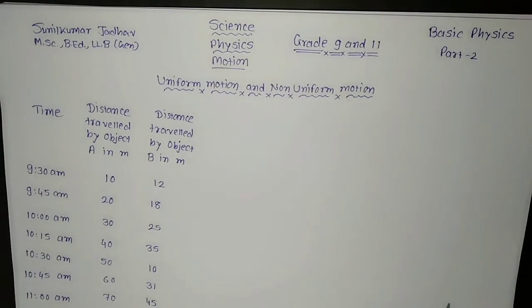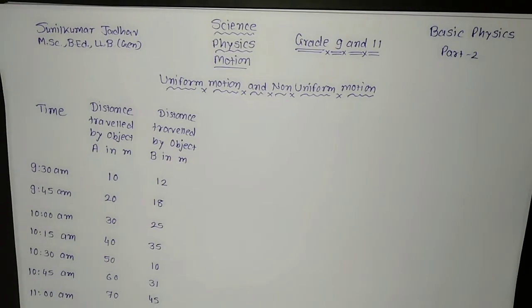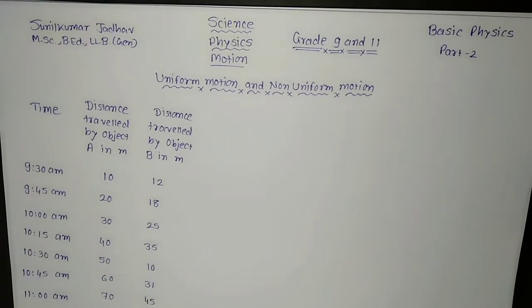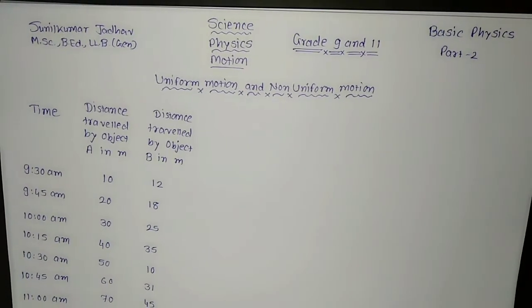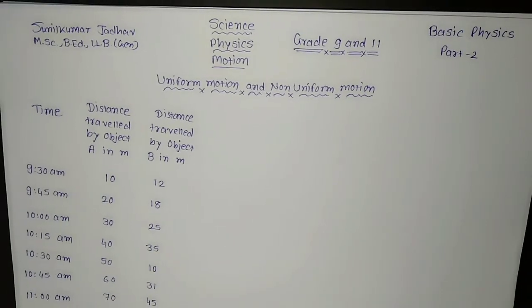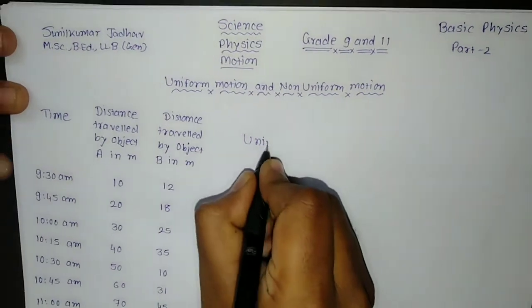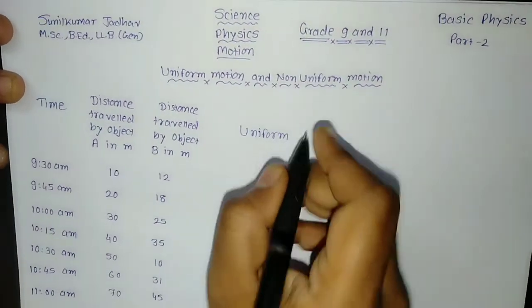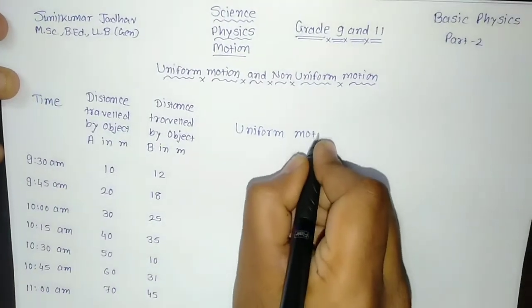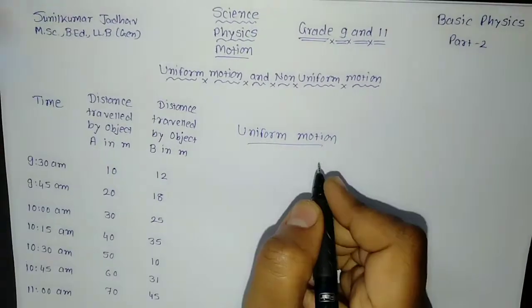In this way, if the object covers equal distance in equal intervals of time, then its motion is said to be uniform motion. I hope you can understand what is uniform motion.